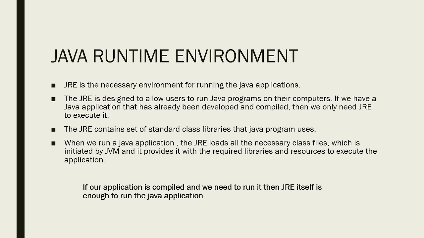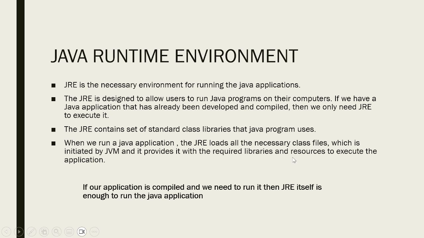So for running a Java application, we need JRE. The JRE is designed to allow users to run Java programs on their computer. If we have a Java application already compiled, then JRE itself is enough to execute our code.